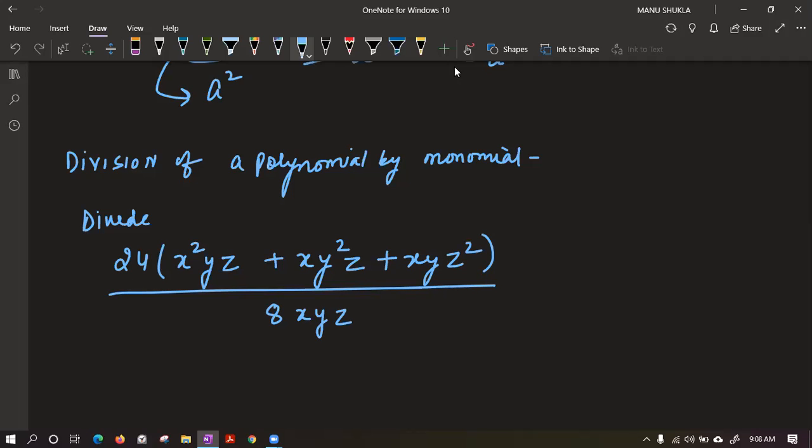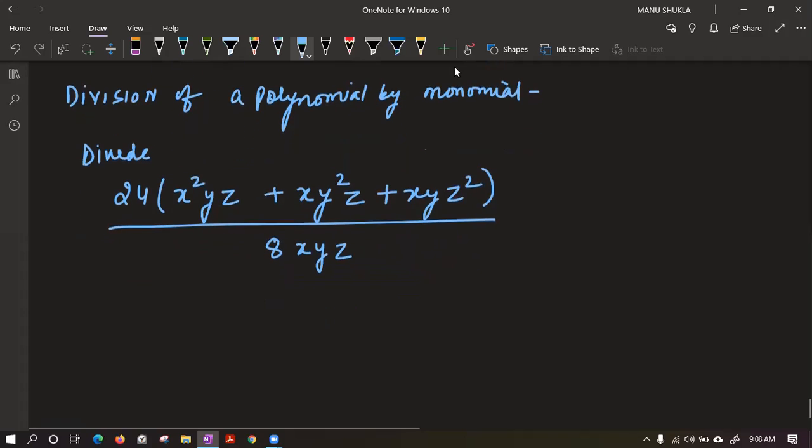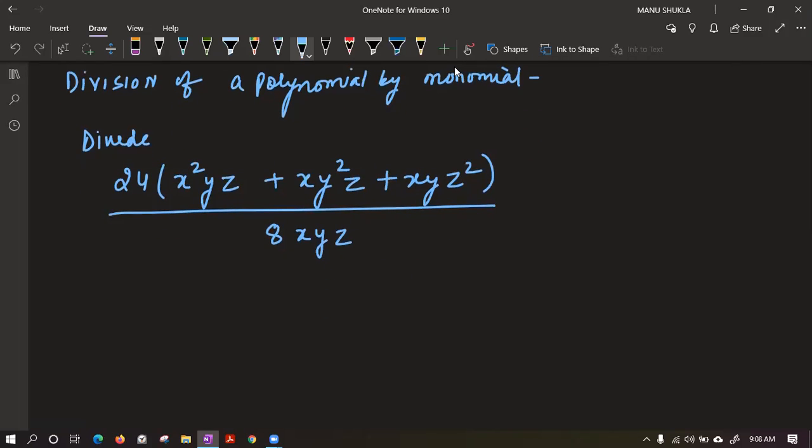Class, I have told you, first we should always try to take common. To make things simple, we should first try to take things common. First tell me, is there anything common in the above term? In the numerator, is there anything common?